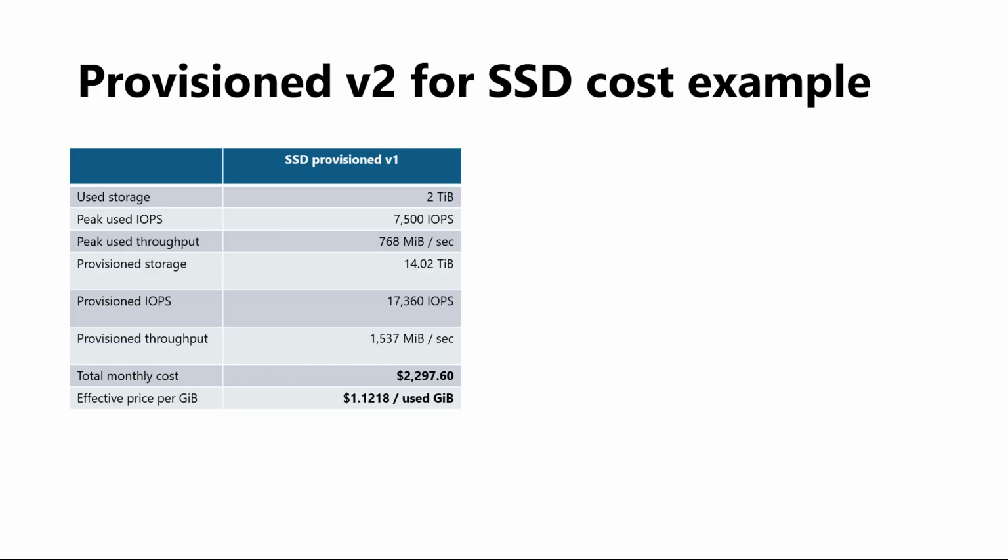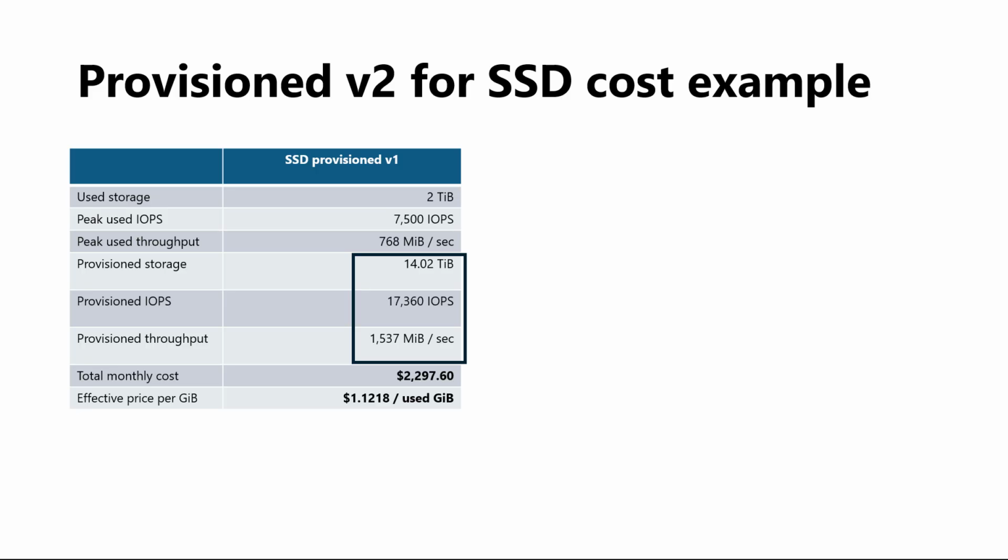So for the final point here, I have just a very similar mock-up of the SSD prices. So basically what I did in this example is I created a sort of a high... I think this was an example that we used in our blog post, a SQL database or something that does not have a super lot of storage, but needs a lot of IOPS and throughput. And so in this model, because the provisioned v1 model has those fixed ratios between storage and IOPS, you actually need to provision a lot more storage.